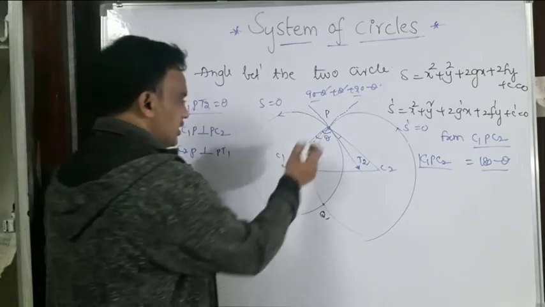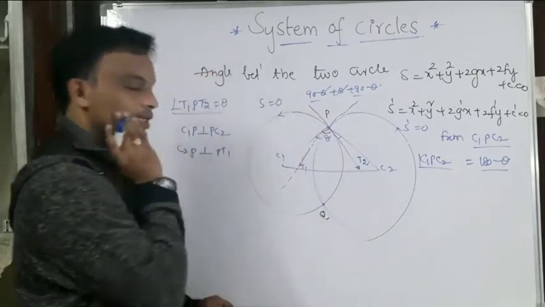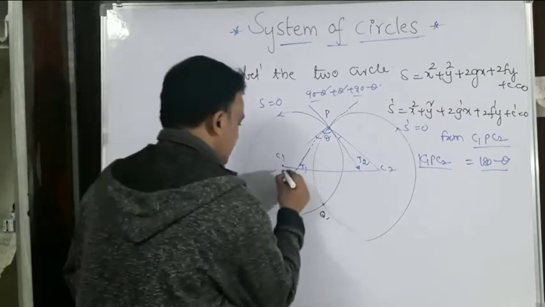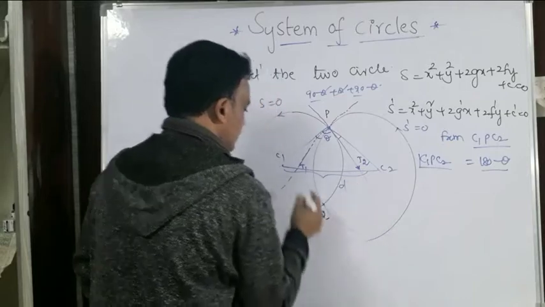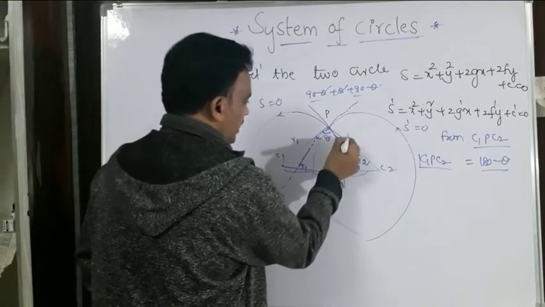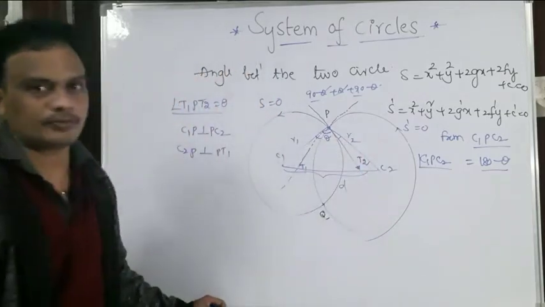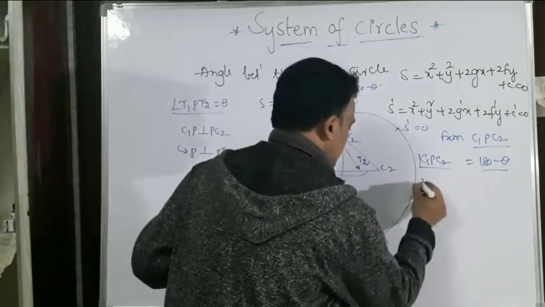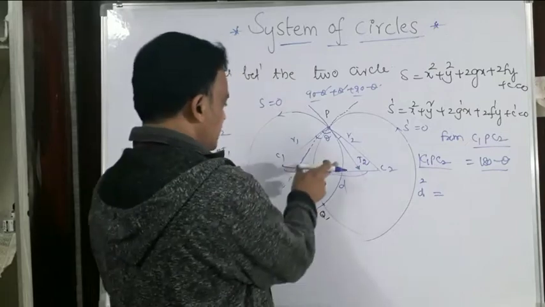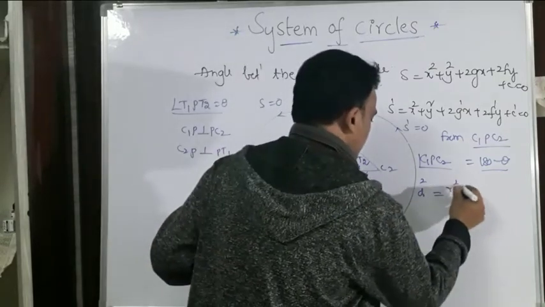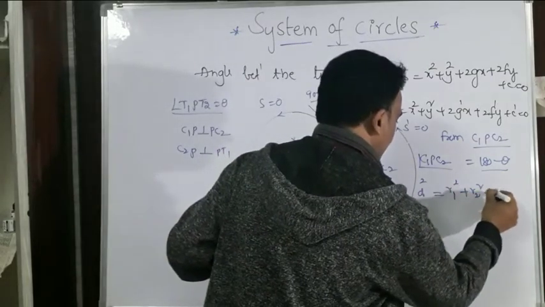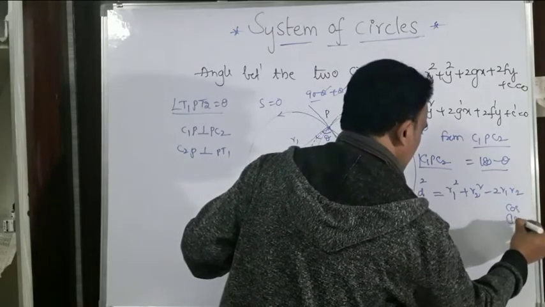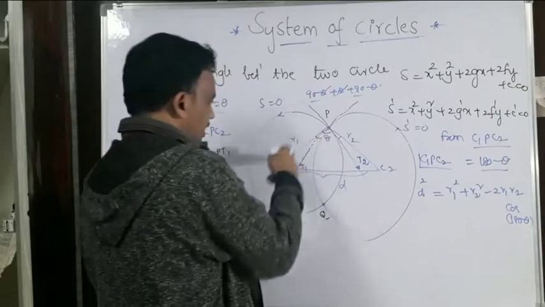Now, concerning this triangle, we apply the cosine rule. Let us take this as d, and the radii as R1 and R2. By applying the cosine rule in triangle C1PC2, d square equals R1 square plus R2 square minus 2 R1 R2 cos of the angle C1PC2.